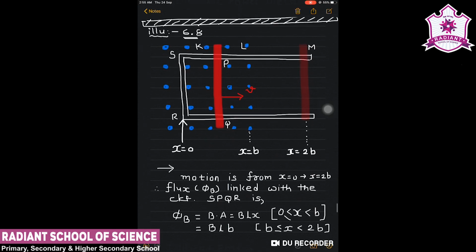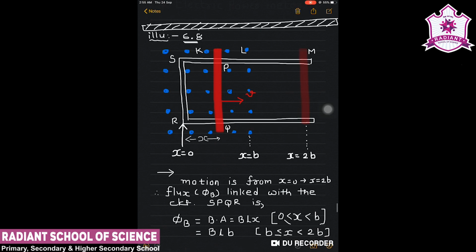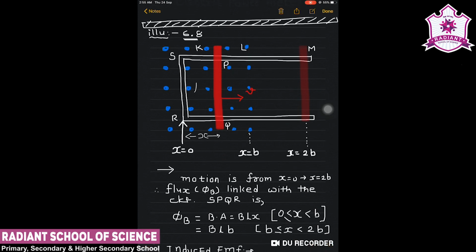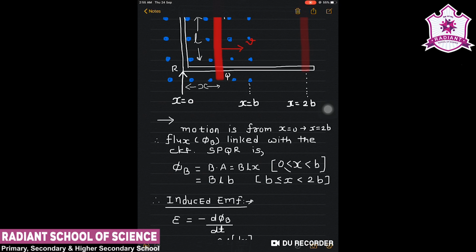As shown in the figure, SPQR is a rectangular part and the flux linked with it is B into A. If we say that the length of the arm is l and the distance it has covered is x, then the area is length into breadth, and therefore we get B l x in general.